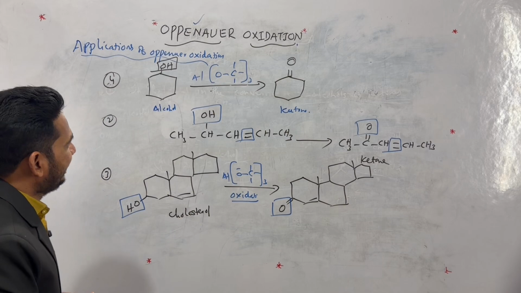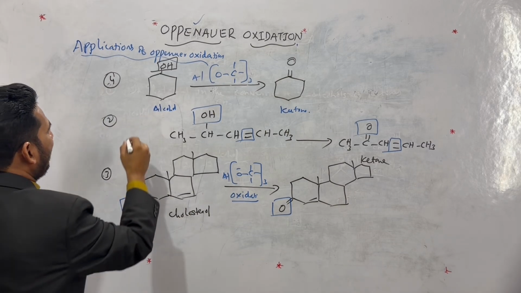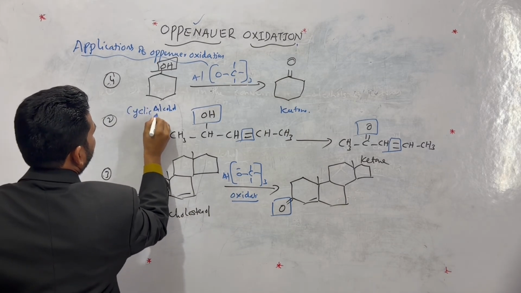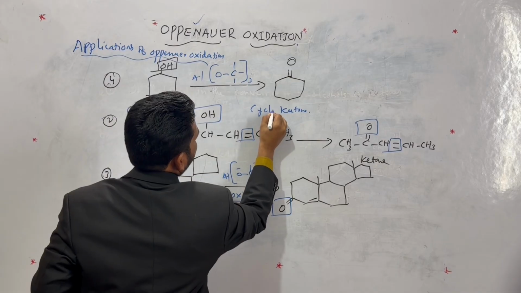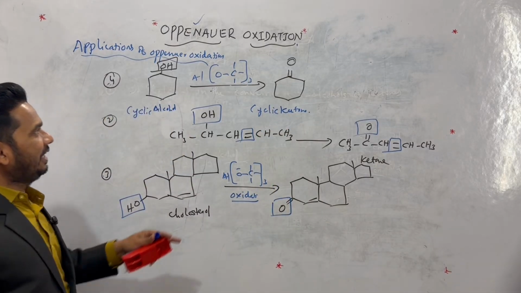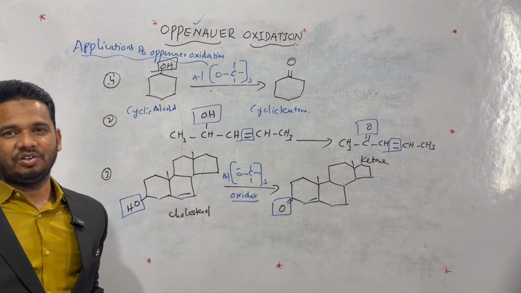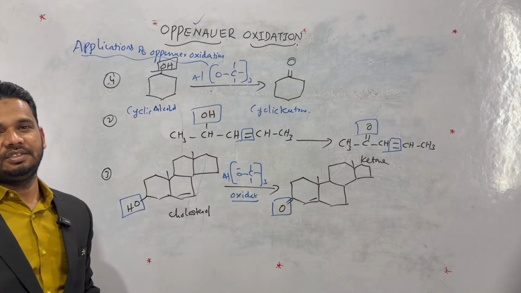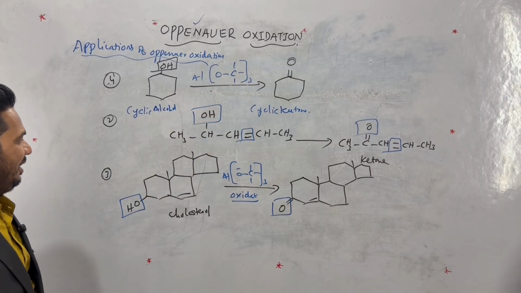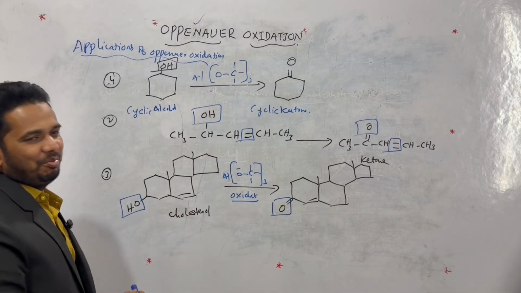See, cyclic alcohol converted to the cyclic ketone with the help of what? Oppenauer oxidation using tertiary butyl oxy aluminum. See, all these are the applications.